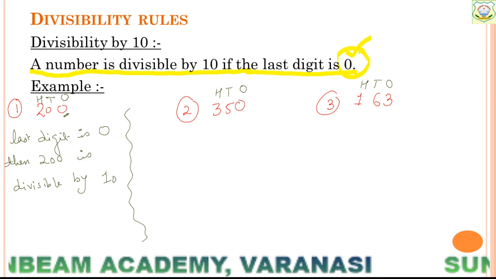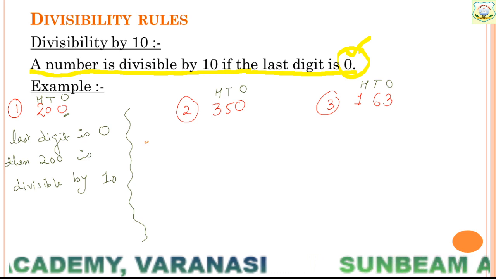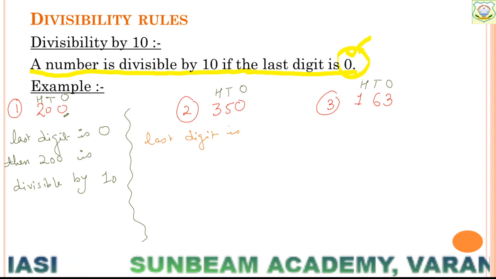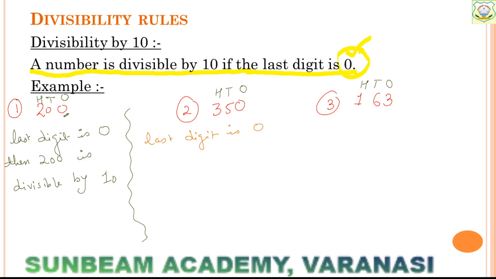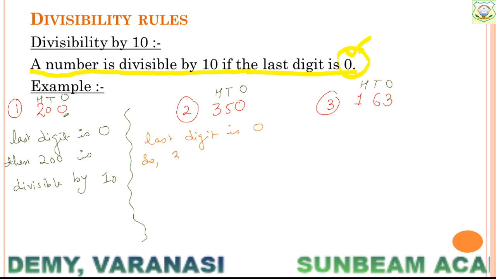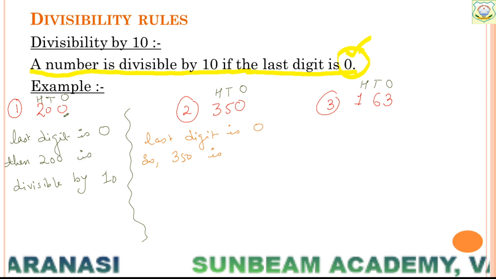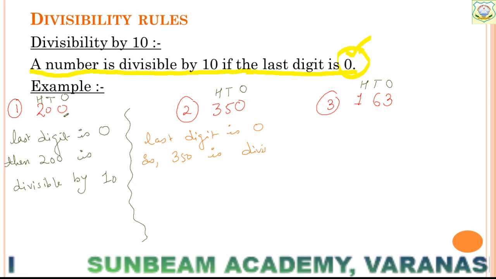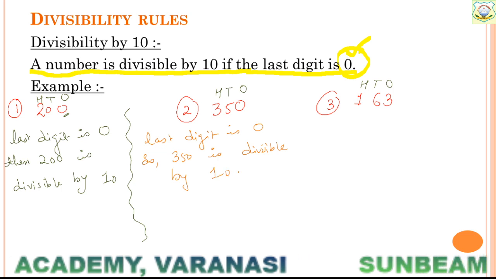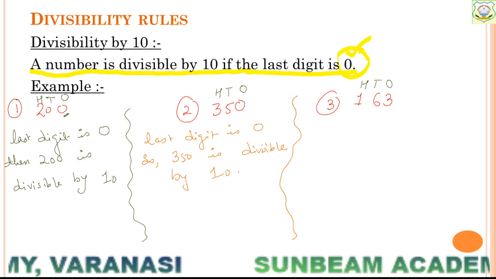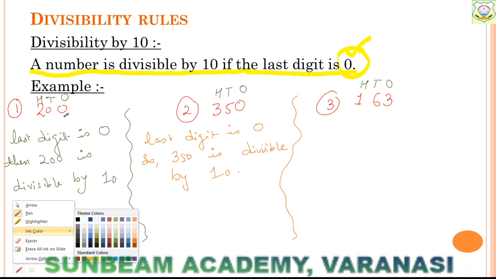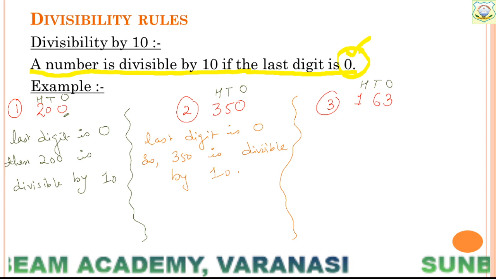Now next. Now again we will write last digit is 0. So 350 is divisible by 10, right? Next is 163.